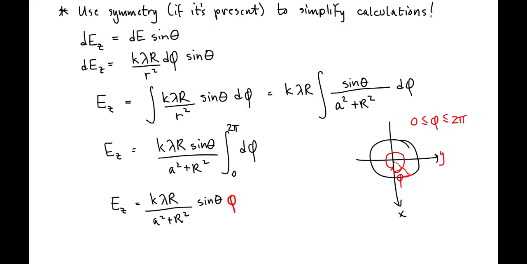So that would just be phi going from 0 to 2 pi. This now is k lambda r over a squared plus r squared sine of theta times 2 pi.